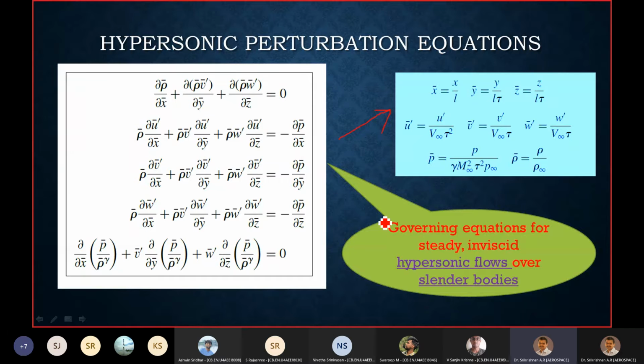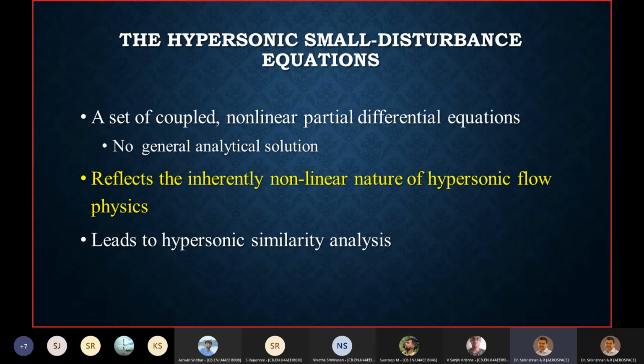It's not that we have got a lot of simplification in terms of the nature of the equations. They still continue to be non-linear partial differential equations. So the nature of the equations is not simplified much, but we have certain benefits in terms of the terms that we have there. That's what we are going to see next.